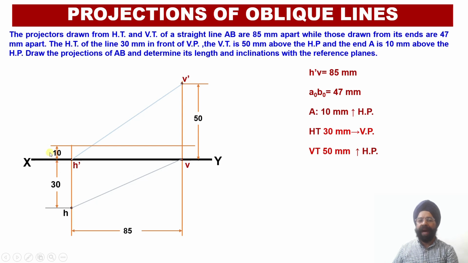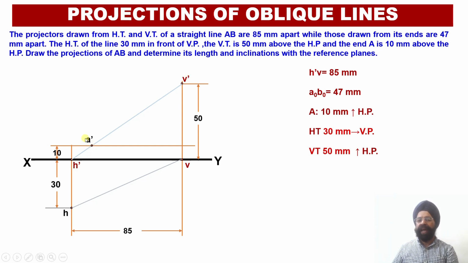Now the moment I mark this 10 millimeter, I will be able to locate alongside this horizontal locus line the location of the point A dash onto this front view orientation line H dash V dash over here. The orientation of the front view projection line I had already obtained by evaluating the points H dash and V dash. Now point A dash has also been located.